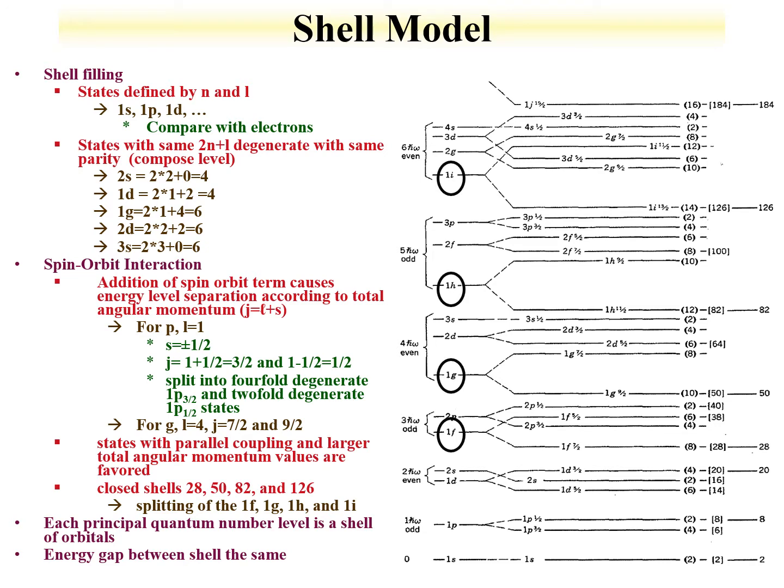The other thing that we see is the gaps appear at certain n quantum numbers. We see a 1s, a 1p, 1d, the gaps are here. For 1f, the gap is here. For 1g, the gap is between the two 1g orbitals that are formed. Same thing with the 1h.